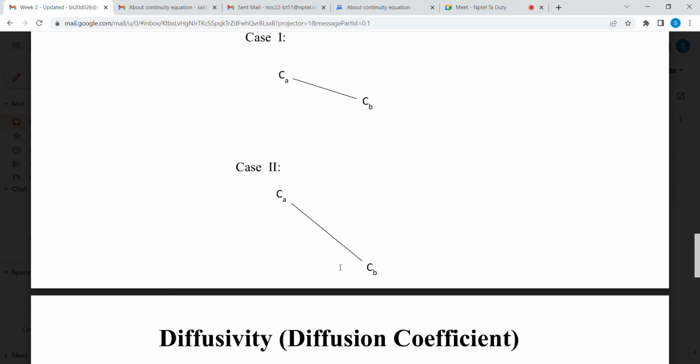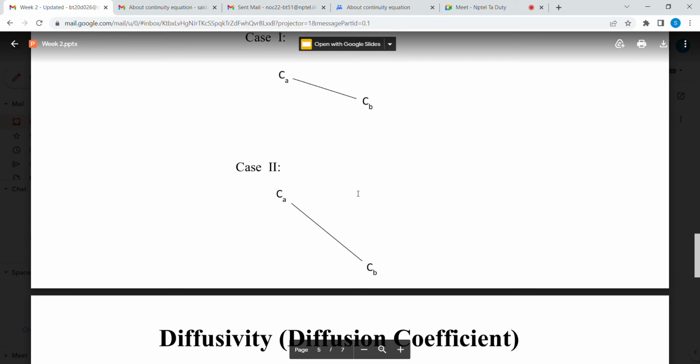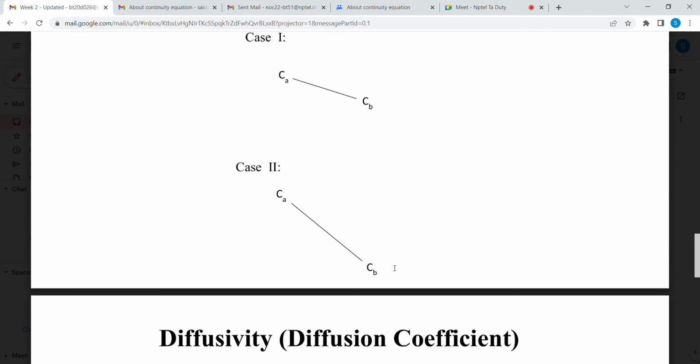Now if you leave it over a period of time, this nutrient here will go here, go here, go here, go here, and by the time it comes inside, the cell will die. These are some essential nutrients.